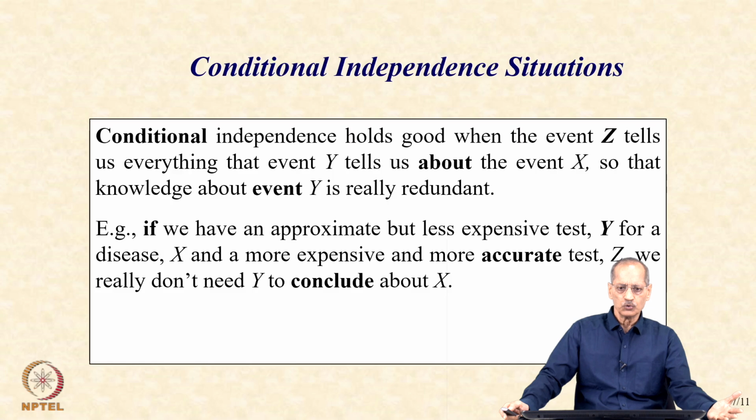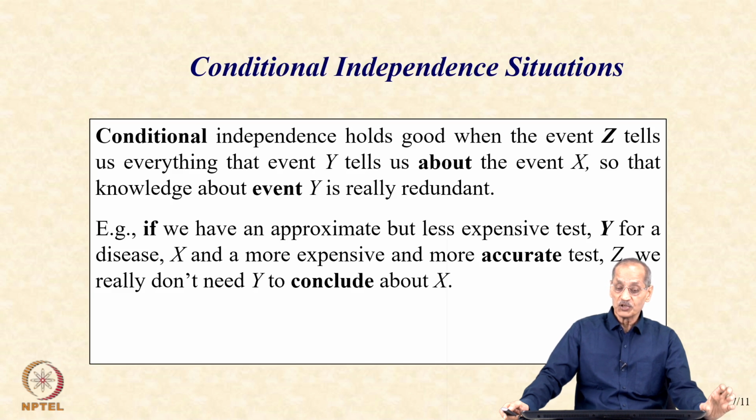Now, suppose you do a more accurate test z which directly deals with the disease and says yes, not only is there an issue of anemia, but it is related to this particular condition which is there in the body.